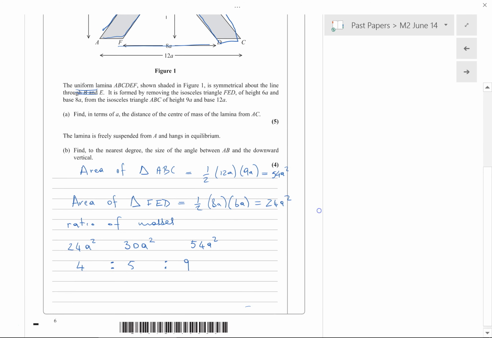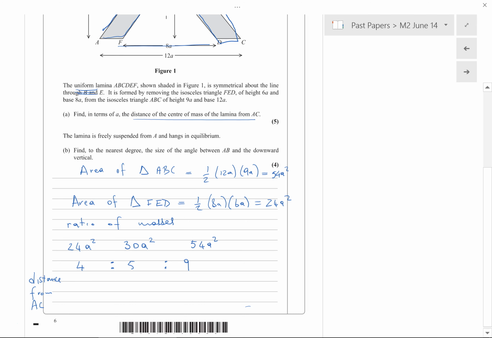Okay, now the distances from the base. What's it asking for actually? It's asking for find in terms of a the distance of the lamina from AC. So distance from AC.